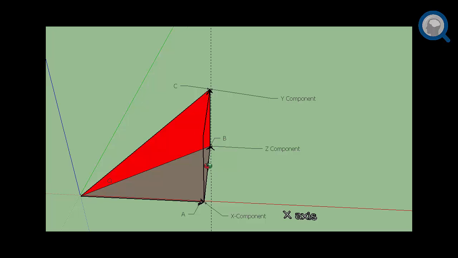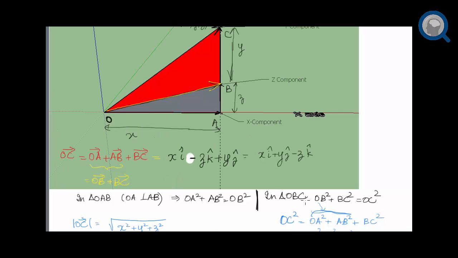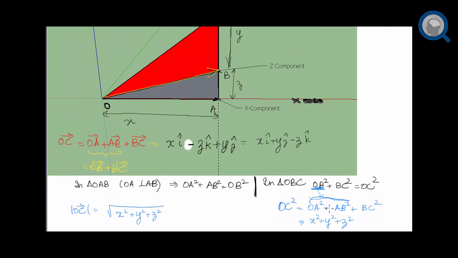In both triangles OBC and OAB, there is a common part, the line OB. We used OB in our equations to get the result. So this is one of the core results of 3D vectors, and we shall remember this result: if the position vector is known, then we can clearly find the length of the position vector.